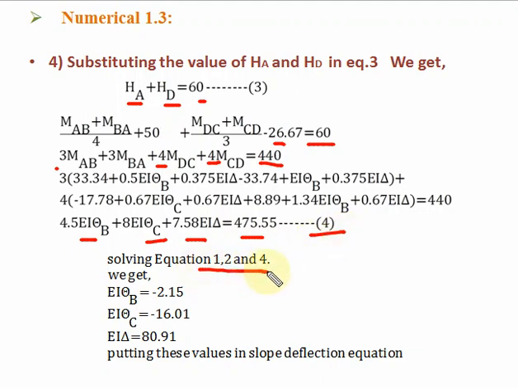Now solving equations 1, 2 and 4, we have 3 equations and 3 unknowns, we will get EI theta B is equal to minus 2.15, EI theta C is equal to minus 16.01 and EI delta is equal to 80.91. Now put these values in the slope deflection equations to find out the end moments.